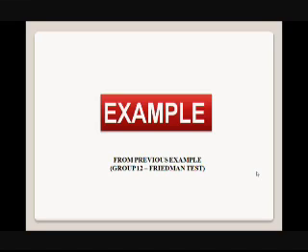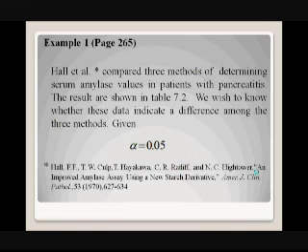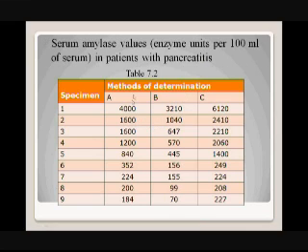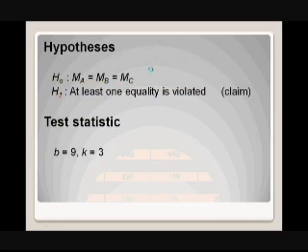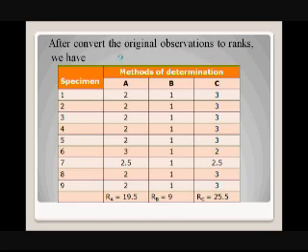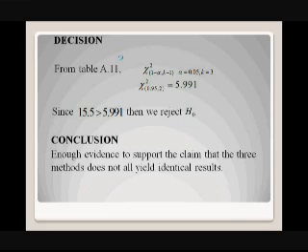We go through the example. This example we take from the Friedman test, and the claim is: we wish to know whether this data indicates a difference among the three methods, given that alpha is 0.05. Table 7.2 is the information given for this problem, and then we do the hypothesis test: the hypothesis, the statistic, then decision and conclusion.